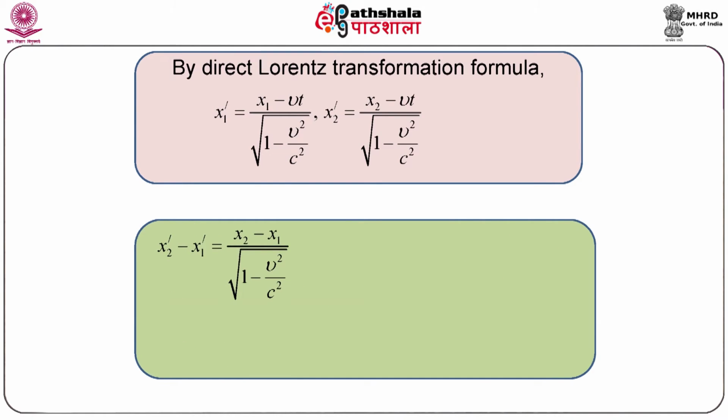If we subtract, then we get x2' minus x1' is equal to x2 minus x1 divided by square root of 1 minus v square divided by c square. Please note that the term v into t cancels out as we are subtracting.